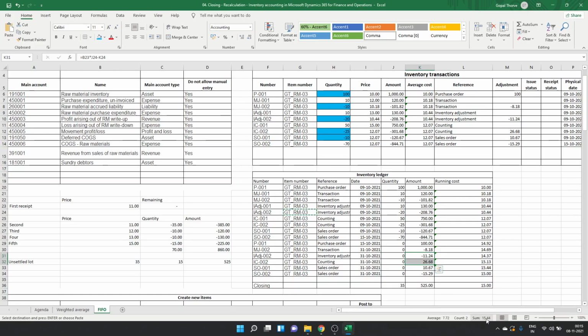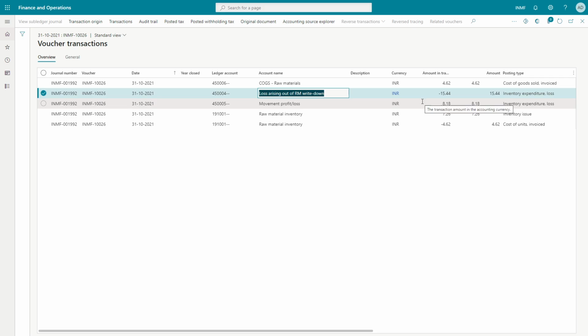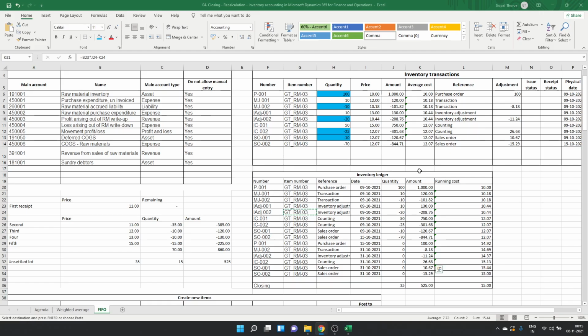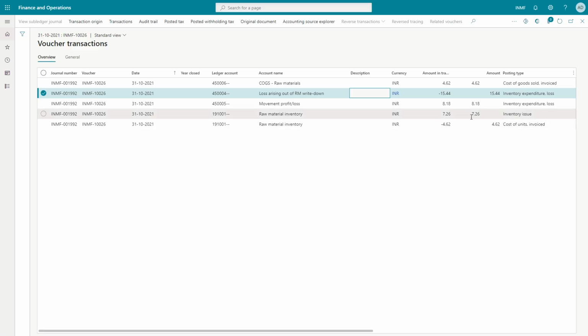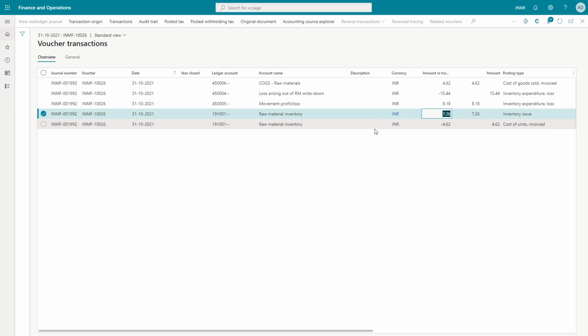So that is getting decreased, and the sum of all these adjustments is going into my posting type inventory issue. If I sum this, 7.26 is coming back into inventory. So this is the analysis of the accounting voucher of recalculation.